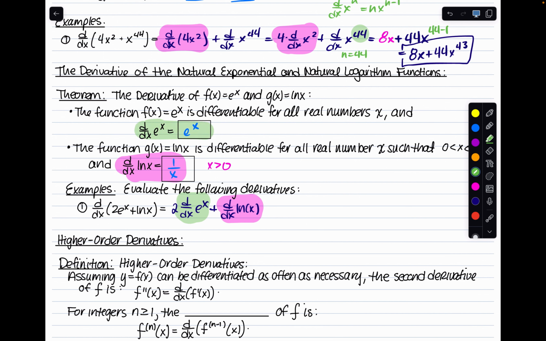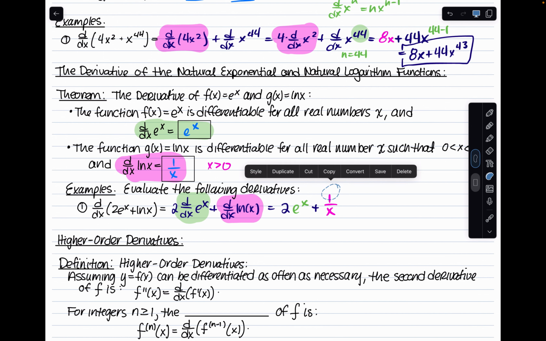And then we just note that in two places we're seeing an evaluation of something like d/dx of e to the x or d/dx of natural log of x. So this is going to be 2 times the derivative of e to the x, which I said is e to the x, the base e exponential is its own derivative, plus 1 over x.